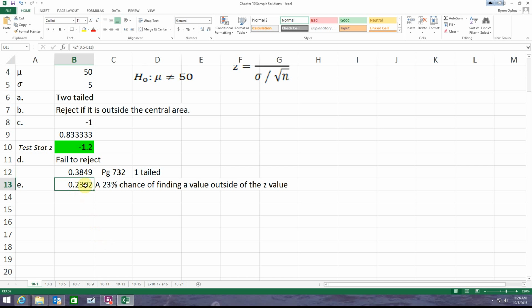So you do the math, right? The other way to do that is say that it's equal to 2, because I've got a two-tailed test, times parentheses, 0.5 minus this number.